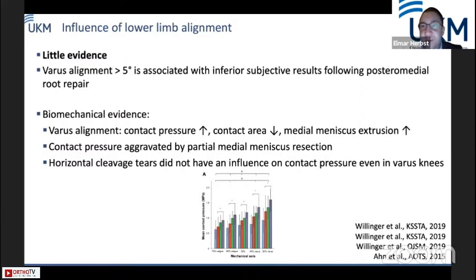So we always look at the coronal alignment. If the patient has excess varus or valgus alignment, we highly recommend to realign the leg first before the meniscus is repaired or debrided.